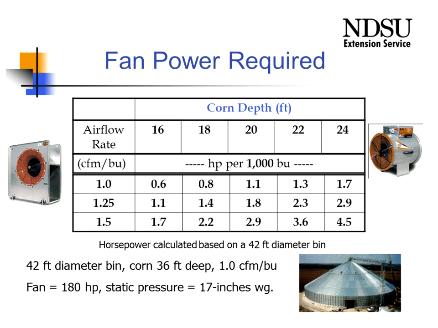Just a few years ago, we were seeing a lot of bins being installed in this area. They were putting up 42-foot diameter bins with a 36-foot sidewall depth, and farmers were wondering, can I dry corn in that bin? When we looked at providing that 1 CFM per bushel airflow rate that's required, we would need 180 horsepower to get that job done.